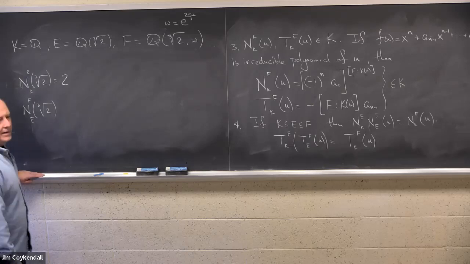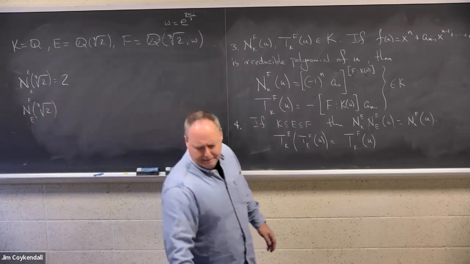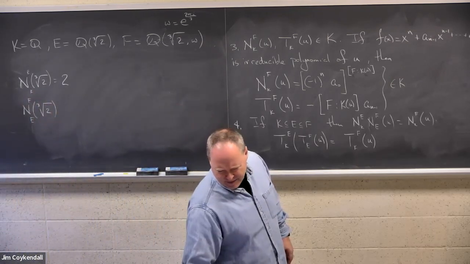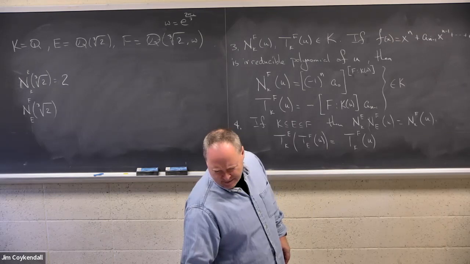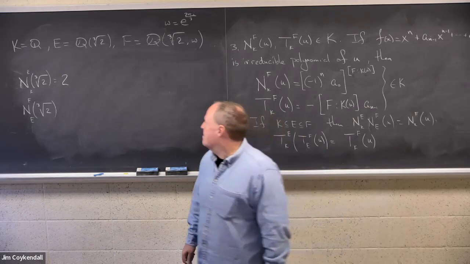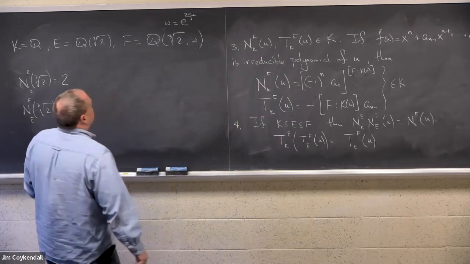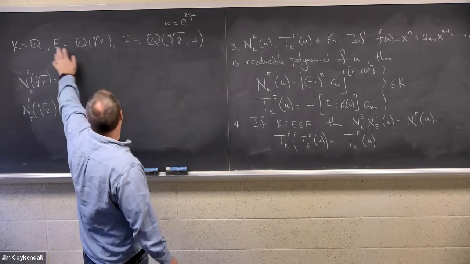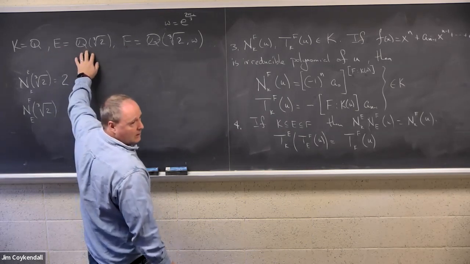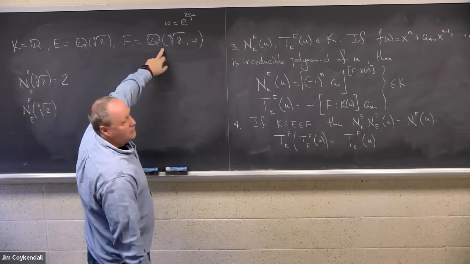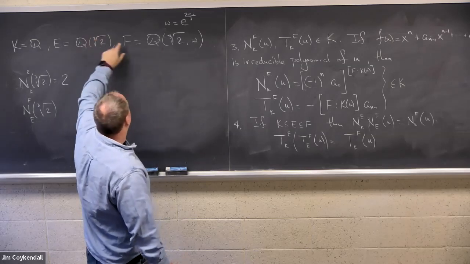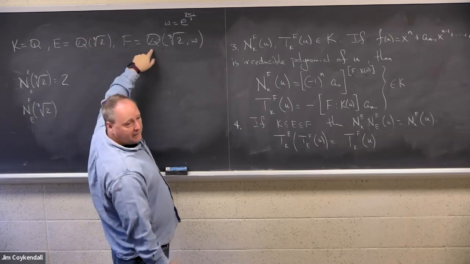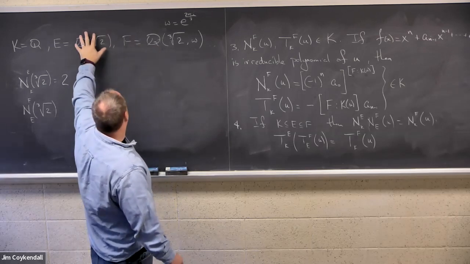Well, notice that F is a Galois extension of K. Now, how many embeddings of this F are there into the complex numbers that fix K?